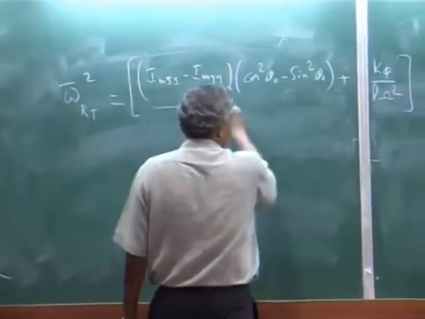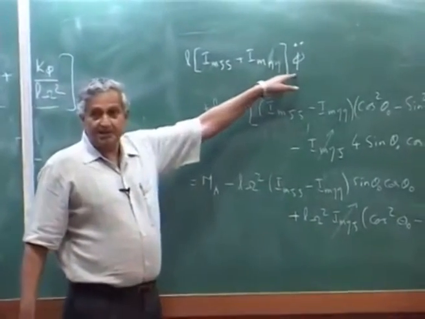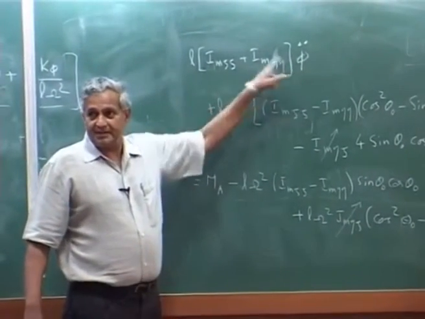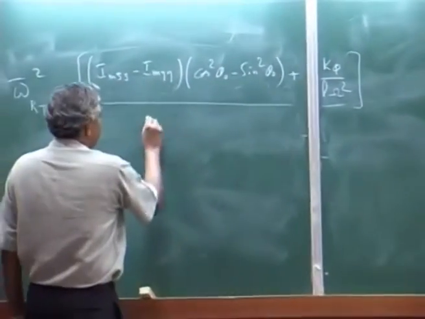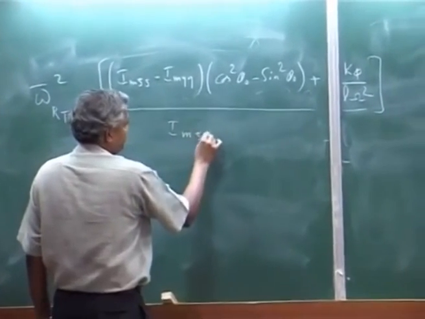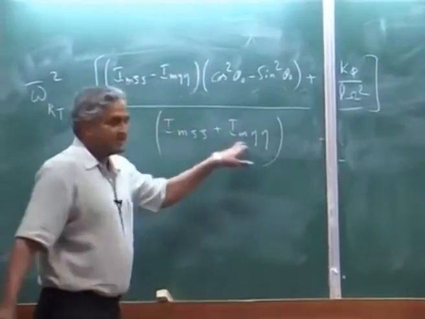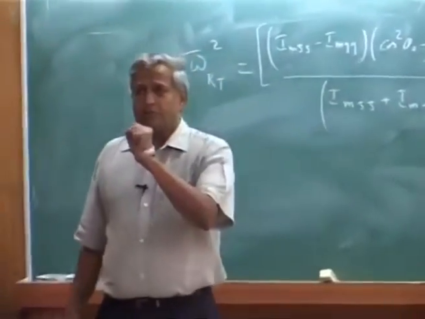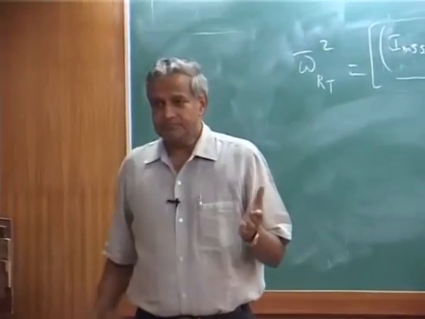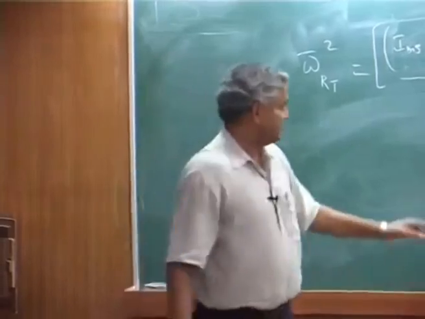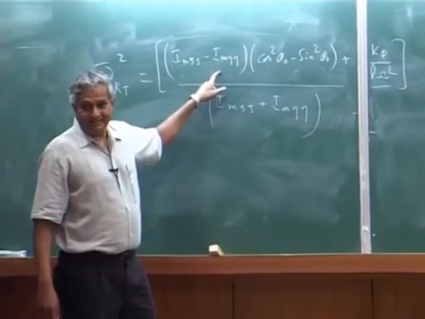Because you make this non-dimensional, another omega square will come, so the L omega square will go up. You have I_m plus I_m. This is nothing but the mass moment of inertia of the blade per unit section. Therefore, this is the sum of this, and this is the difference.